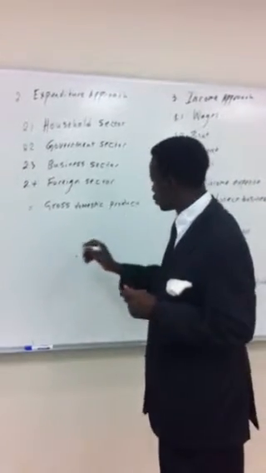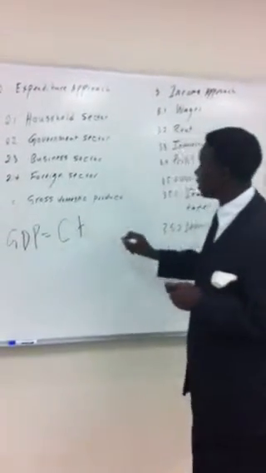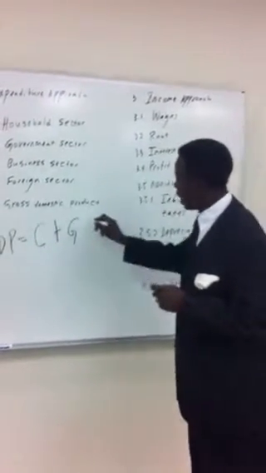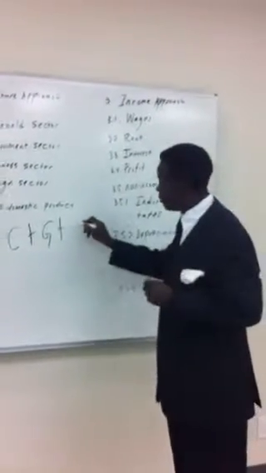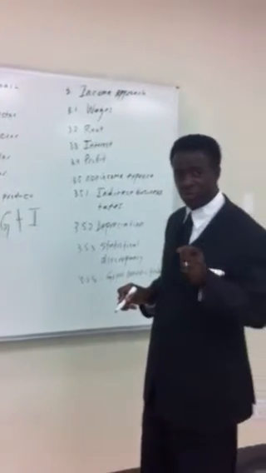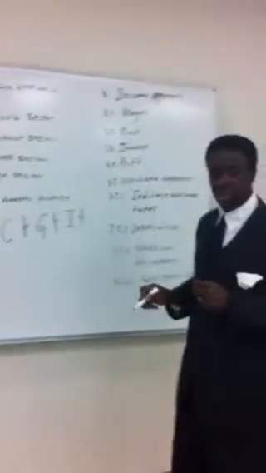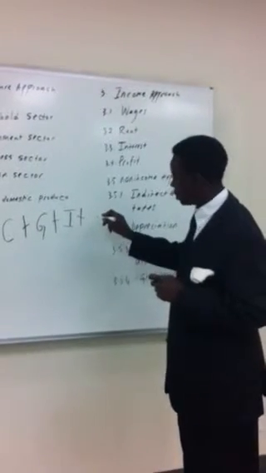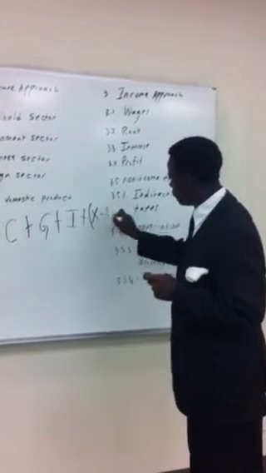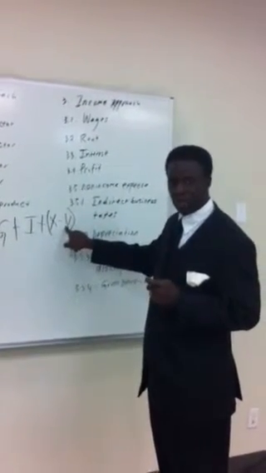So we add up household consumption, which is GDP, is equal to household consumption plus government purchases, plus investment, purchases of businesses of new machinery, tools, and equipment, and also the foreign sector, which is net export, which is X minus M, where X stands for exports and M stands for imports.